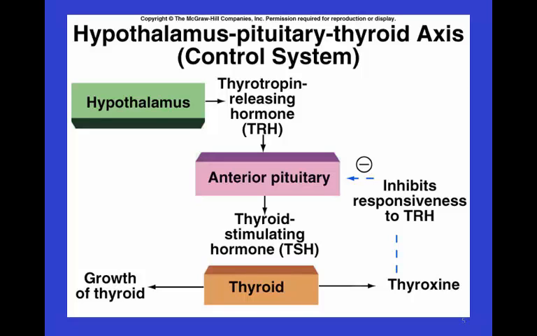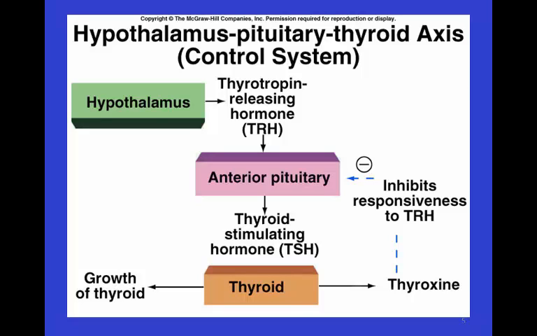TSH travels through the blood to the thyroid gland, which is represented by the little orange box at the bottom there. When TSH stimulates the thyroid gland, the thyroid will grow, and you can see the arrow on the left indicates the thyroid is growing, and it will secrete one of its hormones, T4 or thyroxine.